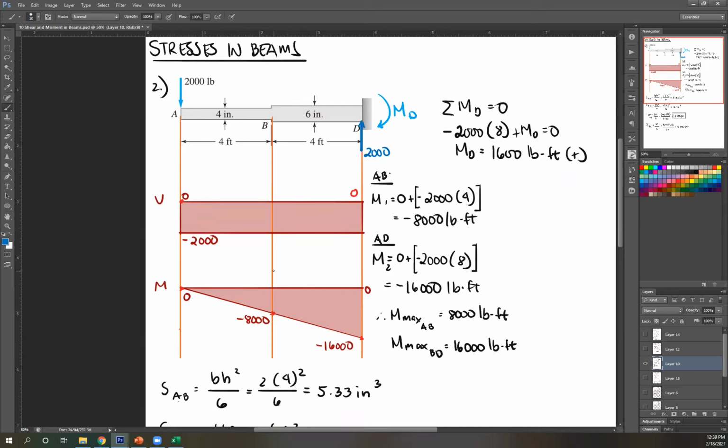Next, you don't always have to do this, considering segment BD, then negative 8,000 minus area of this.